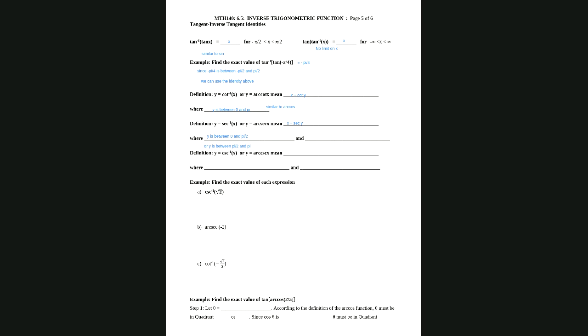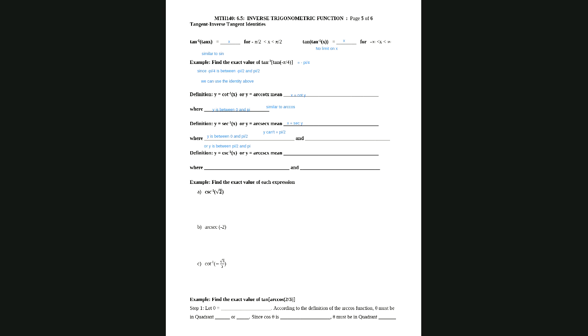You might wonder why I split it up like that. The reason is y can't equal pi over 2, and that's because that would cause me to divide by 0.